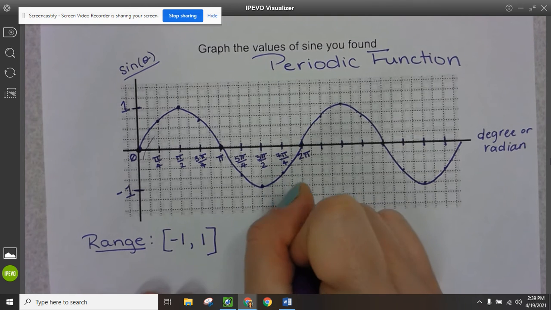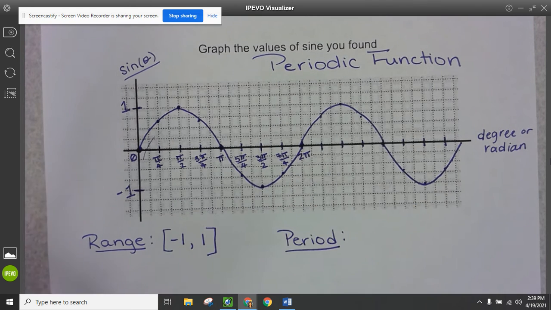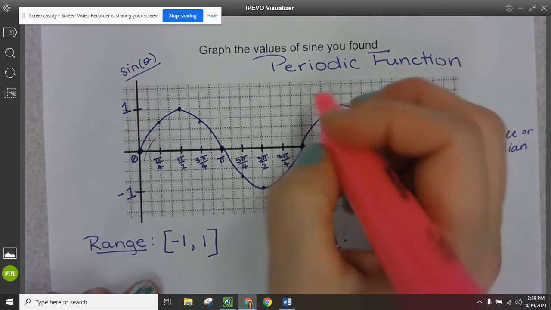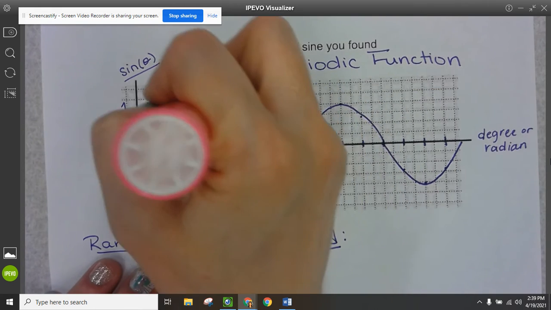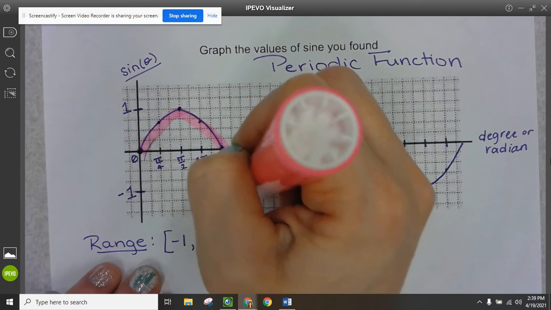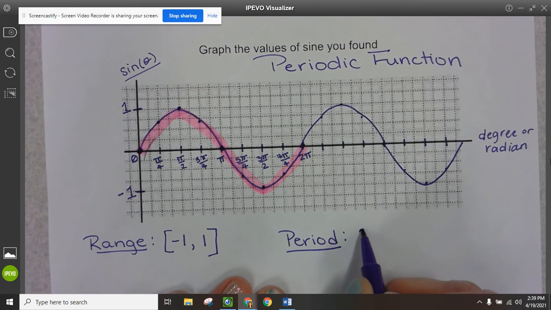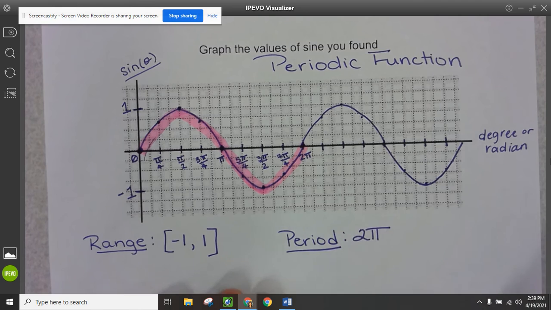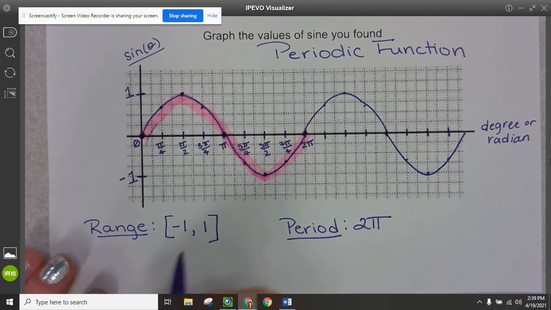The period is how long it takes for one of my sine curves to occur, which is this is one sine curve, pretending that that looks beautifully highlighted. So normally, a normal periodic function of sine is a 2 pi rotation of my circle, which is 360 degrees, which is that curve there.